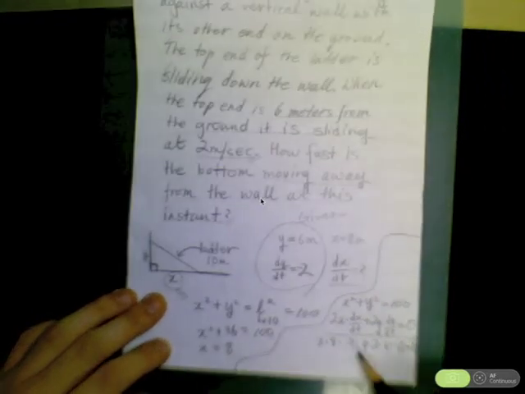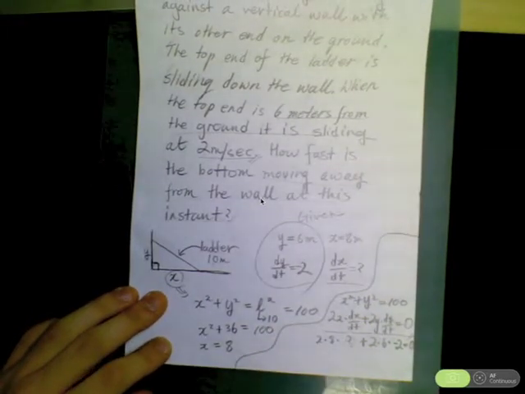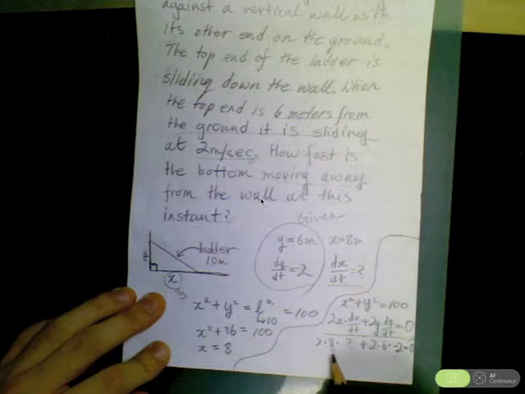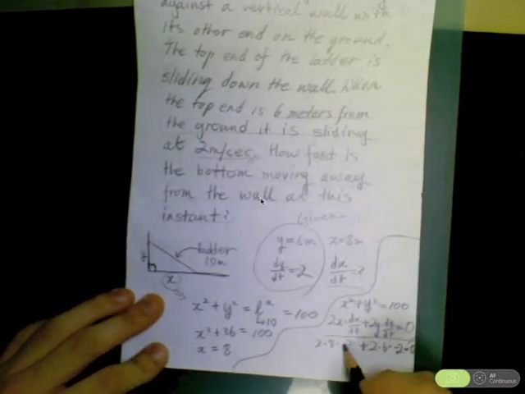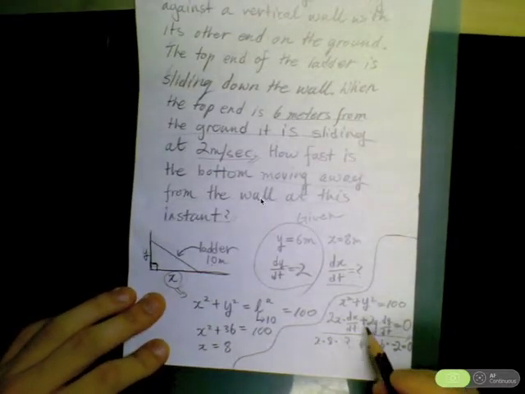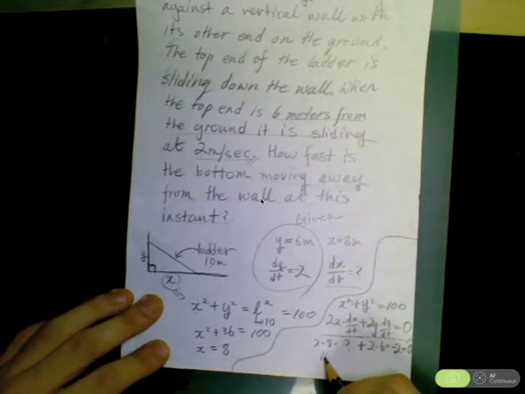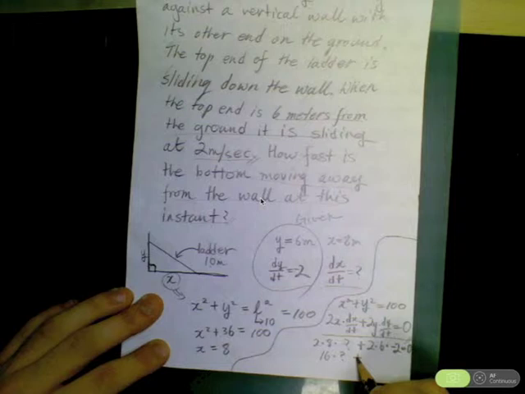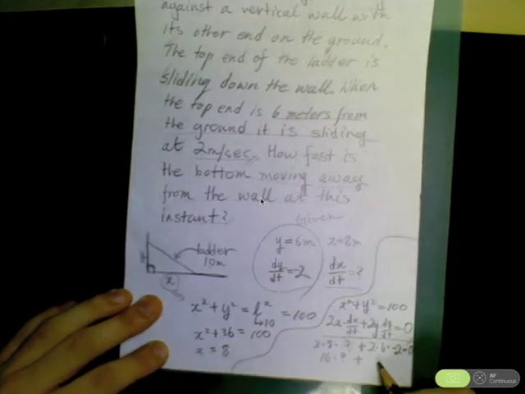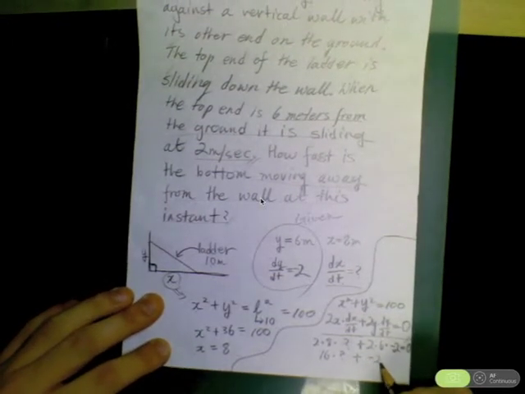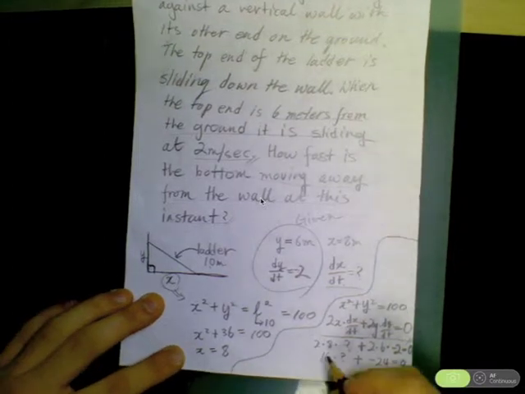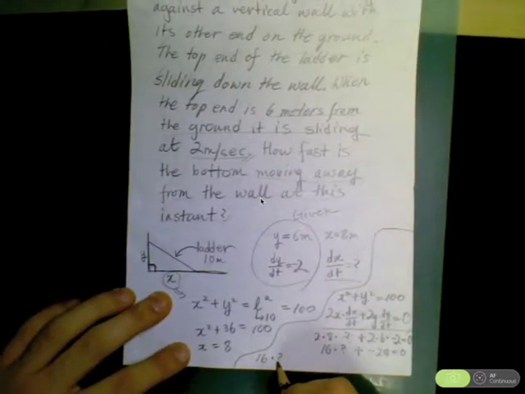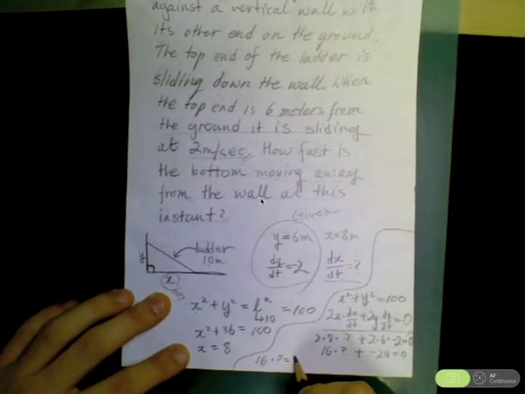So that's what we've got, and let's find the dx over dt. So 16 times this dx over dt plus -24 equals 0. So 16 times something equals 24.